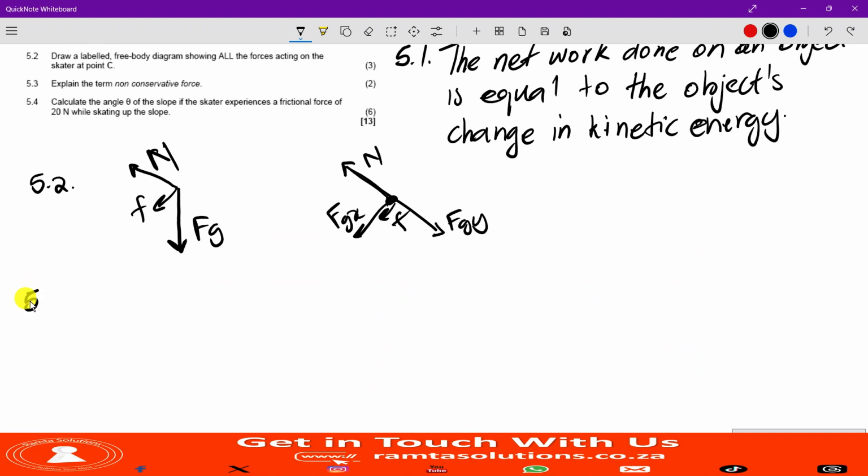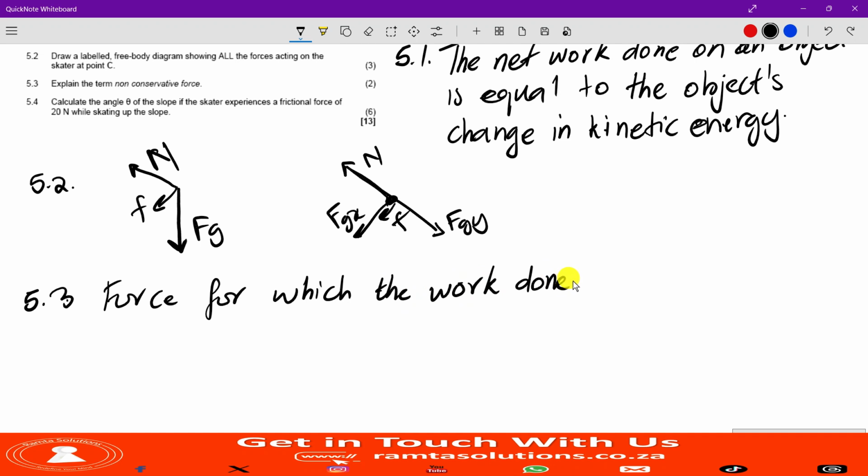However, you guys use this one: a force for which the work done is dependent on the path taken.